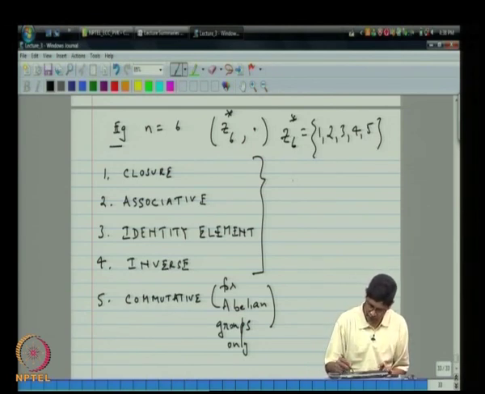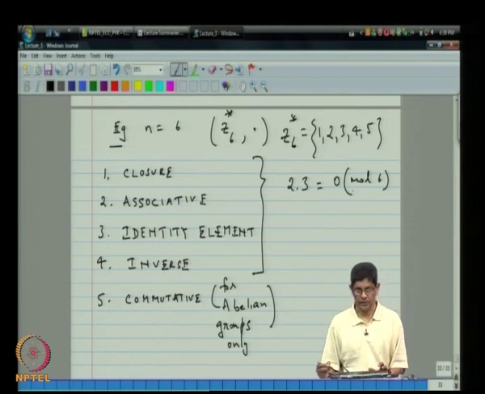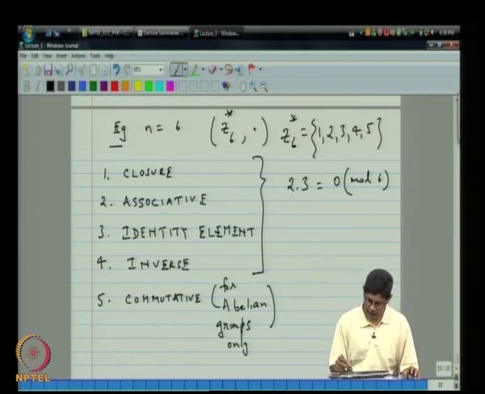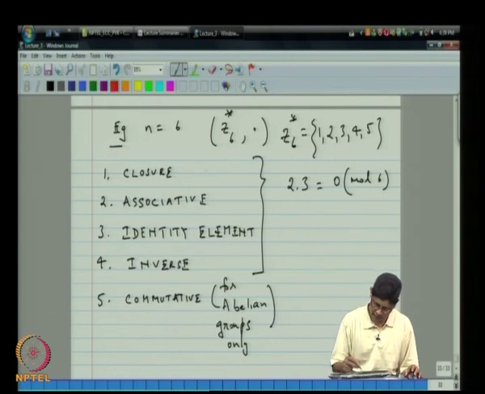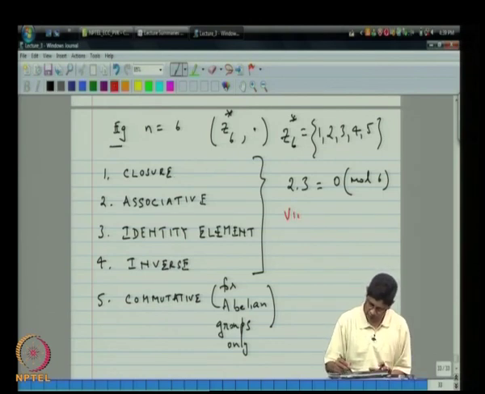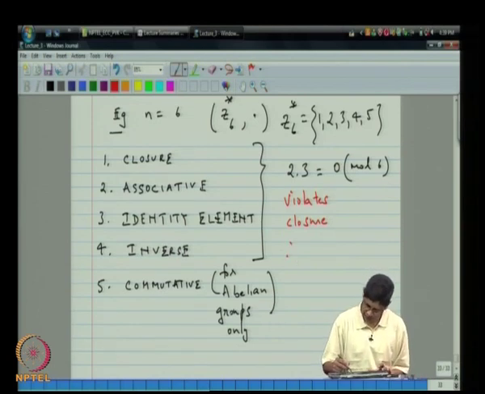Right away you see that if you multiply 2 by 3, this is 0 modulo 6, and that is a problem, because now you are multiplying 2 elements in this set, but what you are getting is an element outside the set. So, the closure requirement is violated. So, this violates closure. The conclusion is that this is not a group.